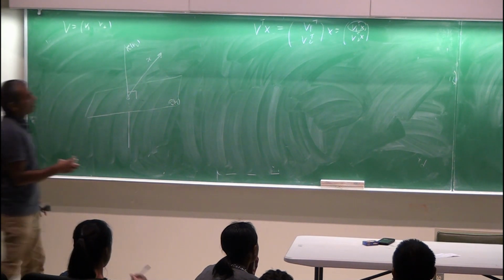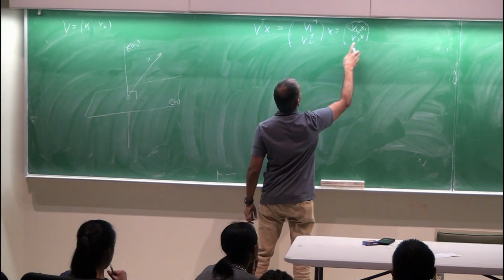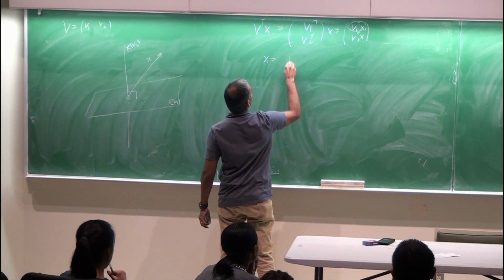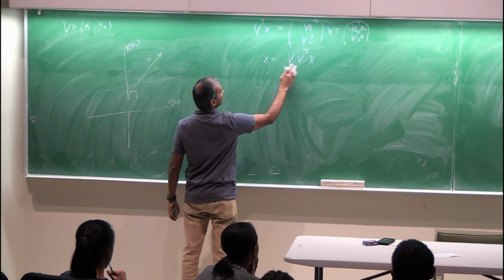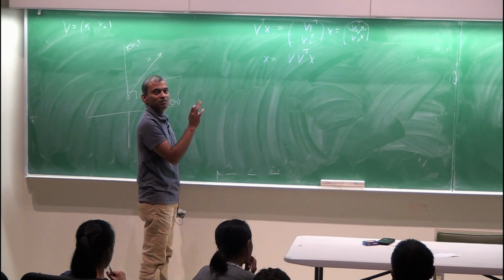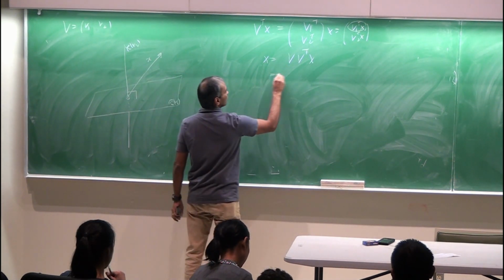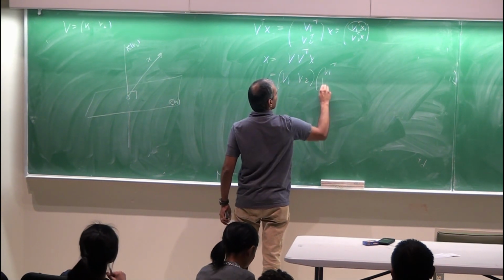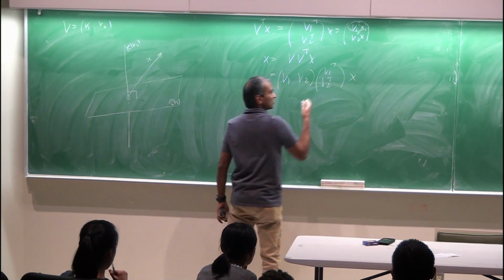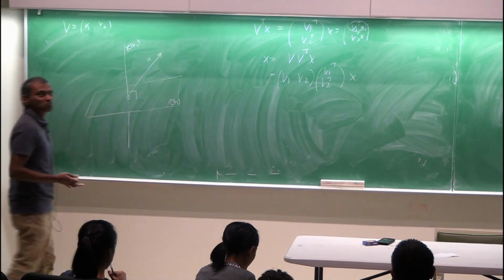Because then I can write down this expression: x is identity times x. So x equals V V transpose x, which I can then split as V1, V2 times V1 transpose x, V2 transpose x. It's just a trivial thing, but it's sometimes not apparent.